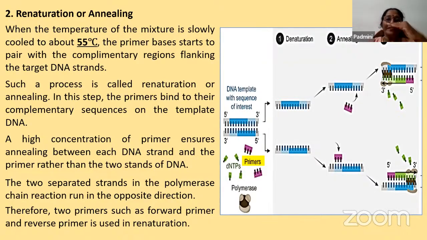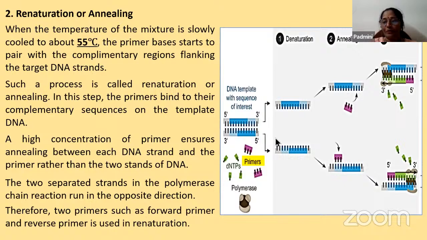Now, when the temperature is reducing, the primers that are present in the solution are going to find out where those complementary strands are present, and each one is going to attach onto the opposite side of the strands. So the copying occurs from 5' to 3'. Why? Because the nucleotide base pairs have to be added only at the 3' region. That is the reason why they are copied from 5' to 3'.